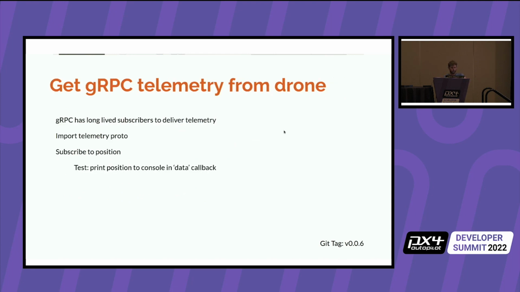So we want to get the gRPC telemetry from the drone. How does this work? Well, gRPC works over HTTP2, which is a persistent connection, so we can create these long-lived channels to just continue to send data from one end to the other. The GPS data is not in the action proto, so we're going to have to import the telemetry proto so that we can get access to all of the other calls.